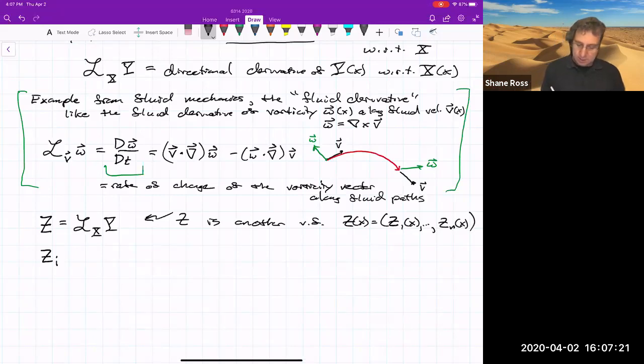The Zi component can be written in terms of the components of the X vector field and the Y vector field this way: the sum over j from 1 to n of the jth component of the X vector field, X_j, times the partial derivative of Y_i with respect to x_j, minus Y_j times the partial derivative of X_i with respect to x_j.